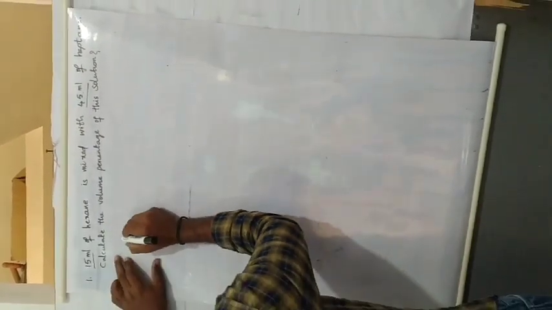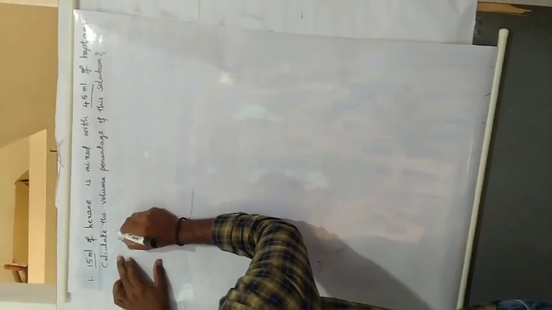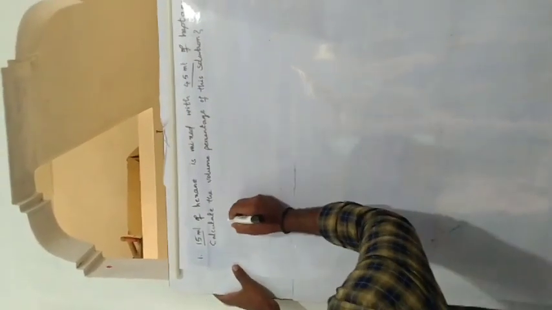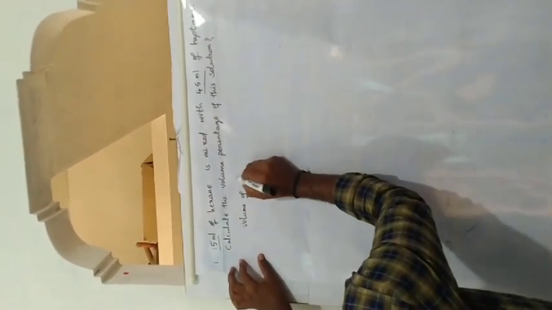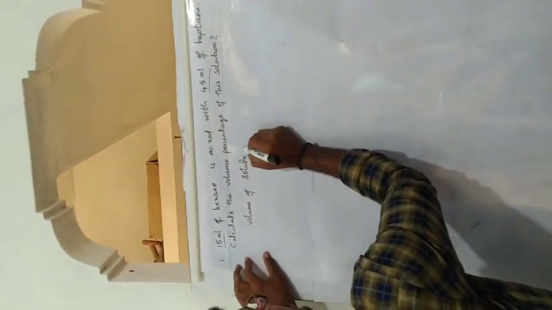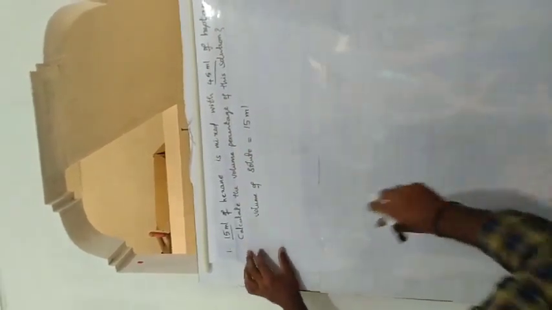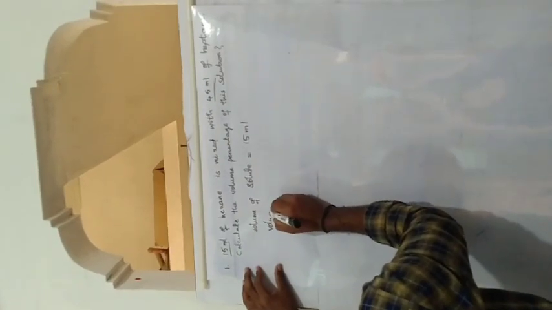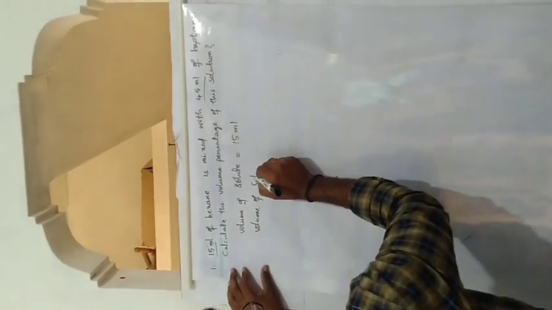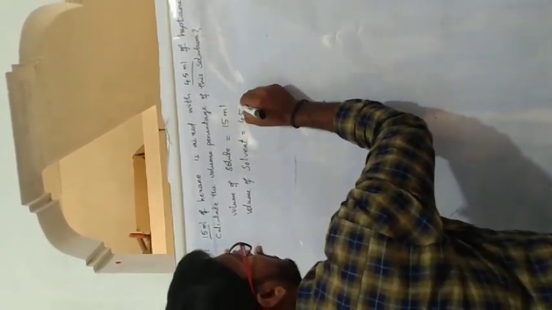First of all, we need to identify the volume of solute and solvent. First, solute: given in the problem, volume of solute is 15 ml, and the volume of solvent is 45 ml.